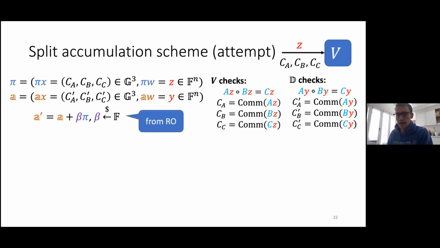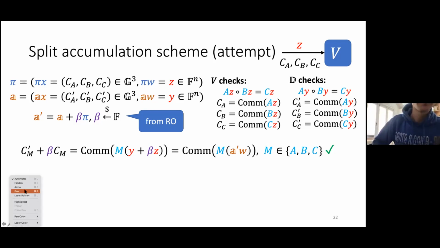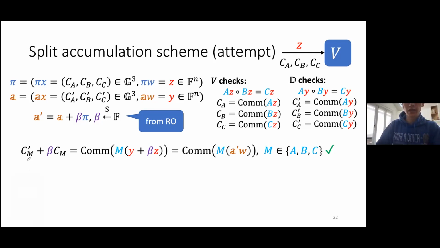Now let's look at what we get out of this. Let's look at each of the commitments. So CA and CA prime, where M is just a placeholder for A, B, and C. So we take CA prime plus beta CA. And now we evaluate what this is.